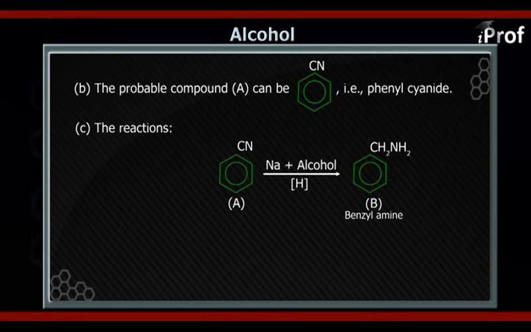Now using the further information, it says that when you react A with sodium and ethanol, it gives you a basic compound B. Now when you have reacted phenyl cyanide with sodium and ethanol, what we have got is benzylamine.